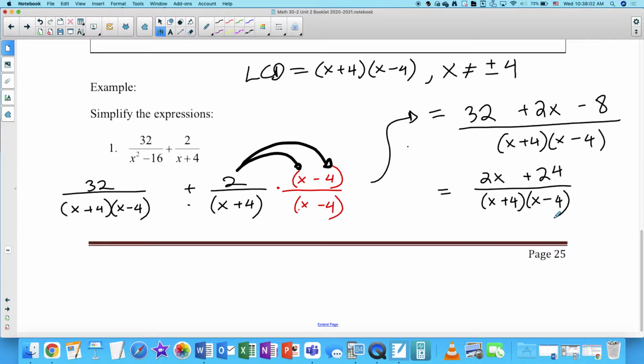If you can factor this in your head and see that this is 2 times x plus 12, and you can't cancel anything anyway, then just leave it. But it is a good habit to get into, to take a step back, look at it again. Can I factor it?